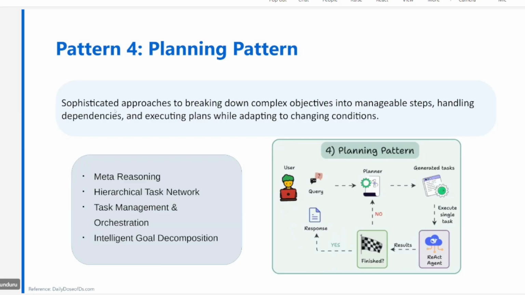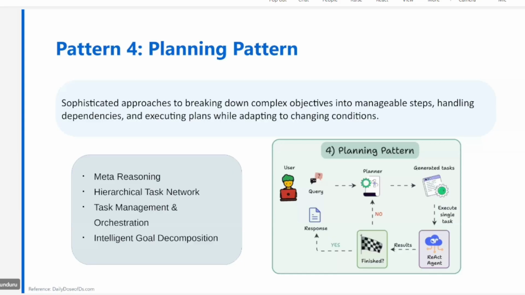The basic planning technique, for example in this flow, is that the query calls a planner, and the planner generates the tasks. Maybe the planner will depend on the reasoning for identifying the appropriate strategy for the planning, and generate the tasks.